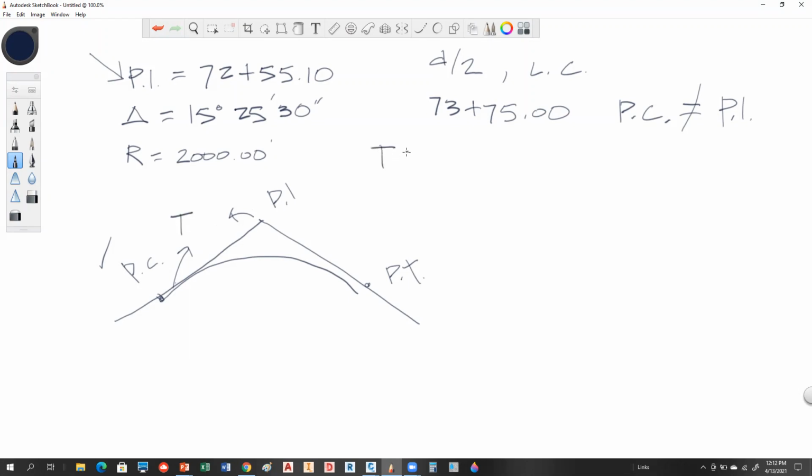So what you had to do first, and I think I had one person solve T. T is very simply solved by the radius times the tangent of half of delta. So you've got half of delta tangent. What you get is 270.85. So now how do we solve the PC?